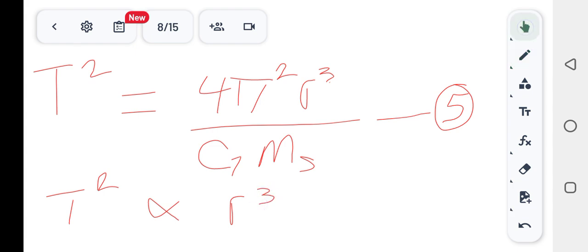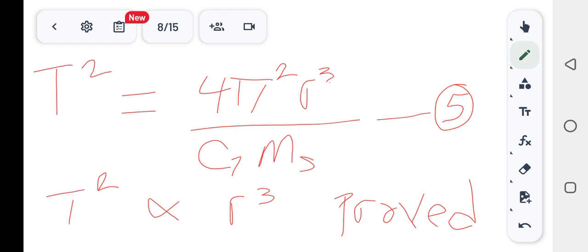According to Kepler's law, the square of the period is directly proportional to the cube of the semi-major axis of its orbit. So we are done with the proof, proving Kepler's third law of planetary motion.